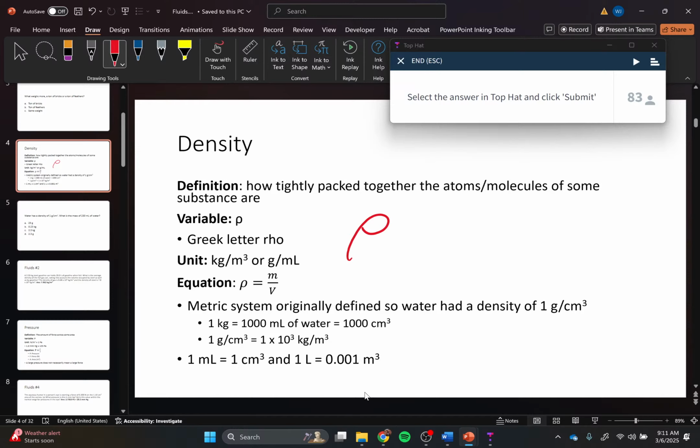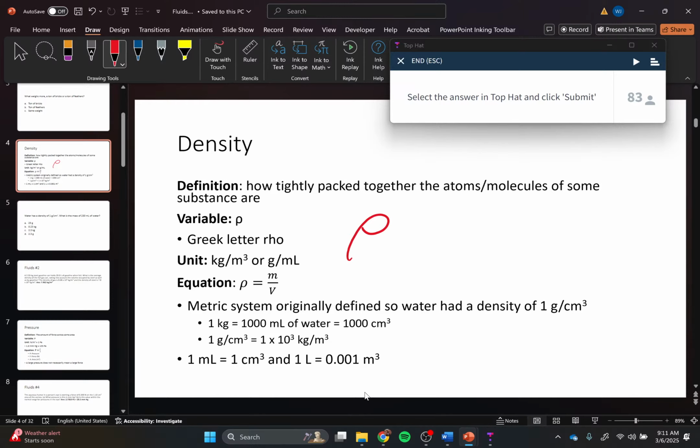But fun fact, this is really cool. I didn't realize this. We've been working with metric units like a meter, a kilogram, all that jazz. Something really interesting is that the metric system was originally defined so that 1 gram per centimeter cubed was the density of water. That was kind of the standard that all the units then evolved around.